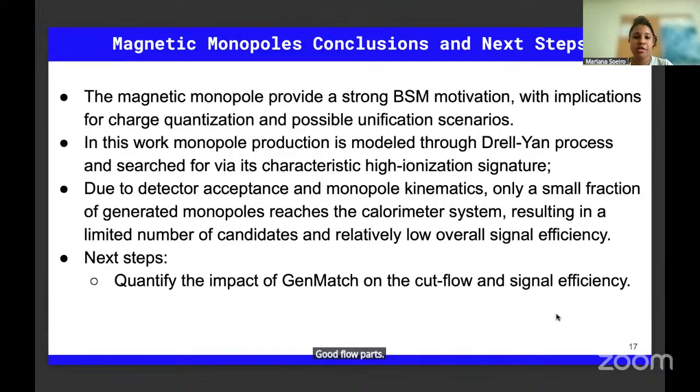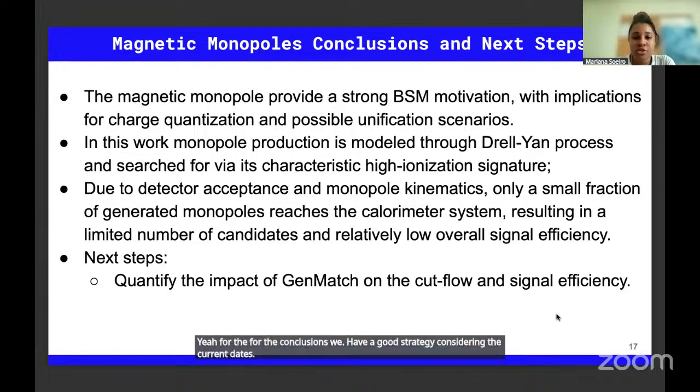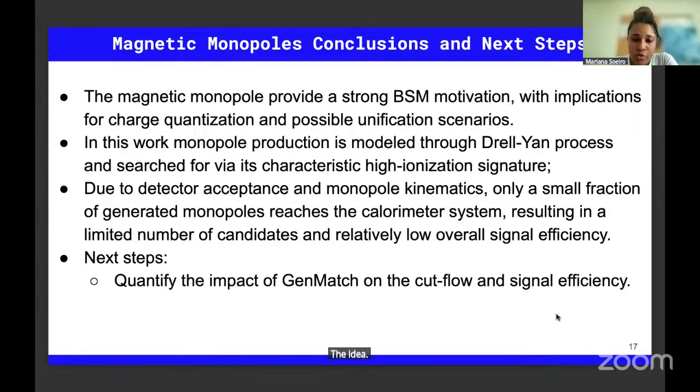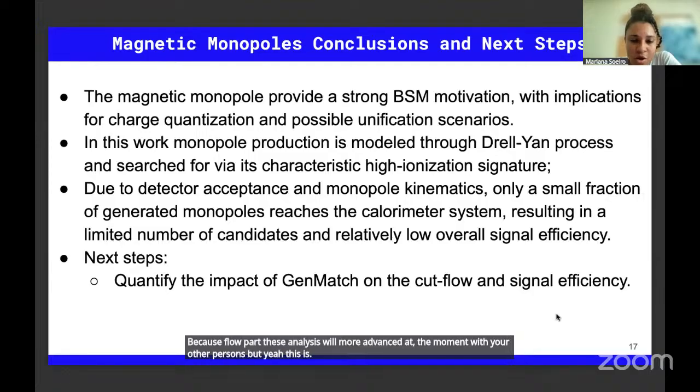For the conclusions, we have a good strategy considering the candidates. The idea is to continue talking about the cut flow part. This analysis is more advanced at the moment with other people, but this is my contribution, how I worked at the beginning of this analysis.